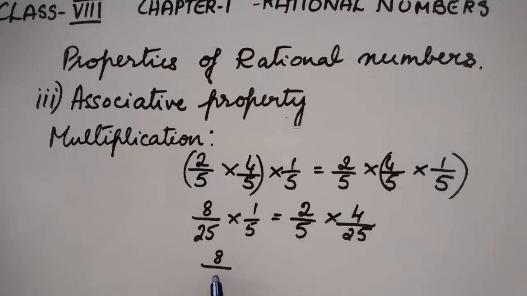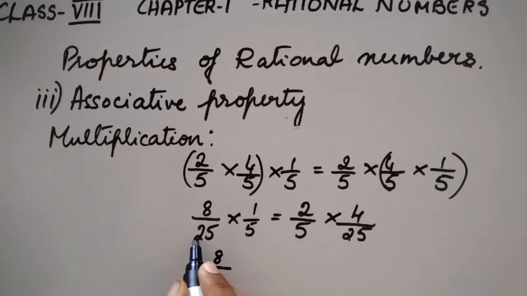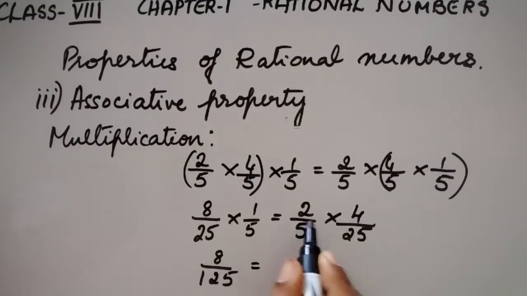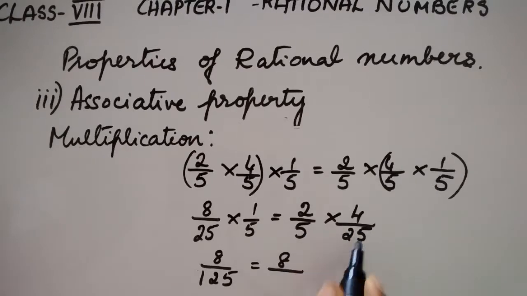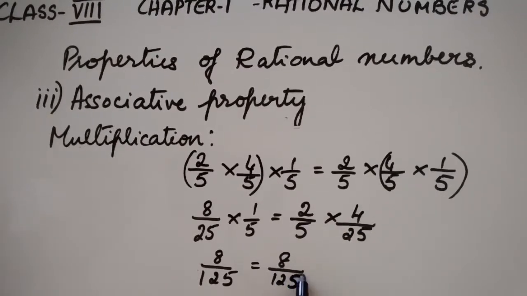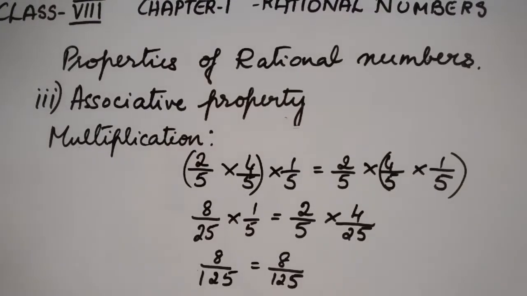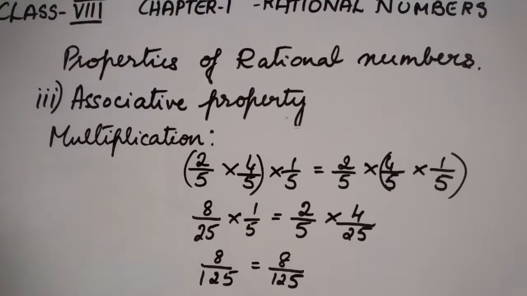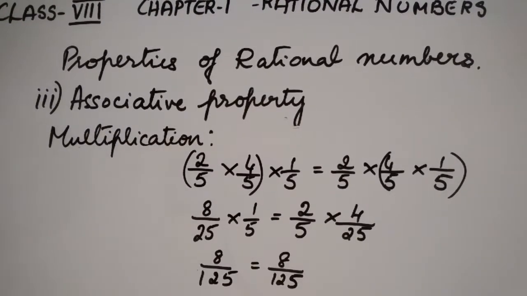So 5 5s are 25, 5 2s are 10, 125, is equal to 2 4s are 8. So again 5 into 25 is 125. So now we can say that associative property is applicable for multiplication.